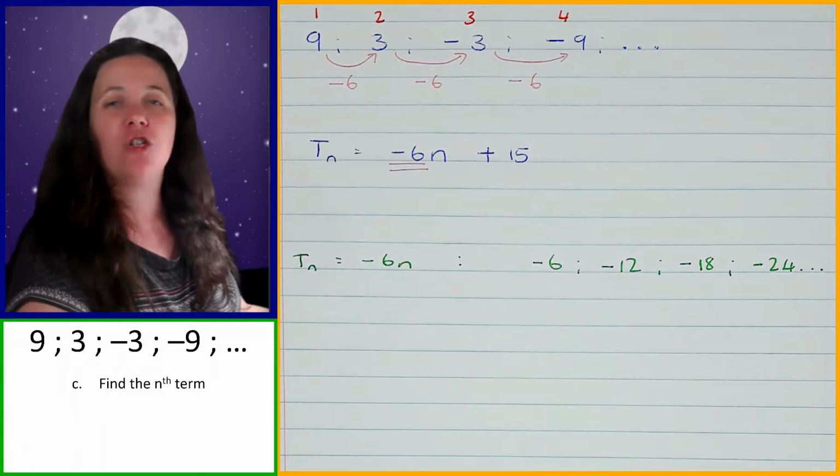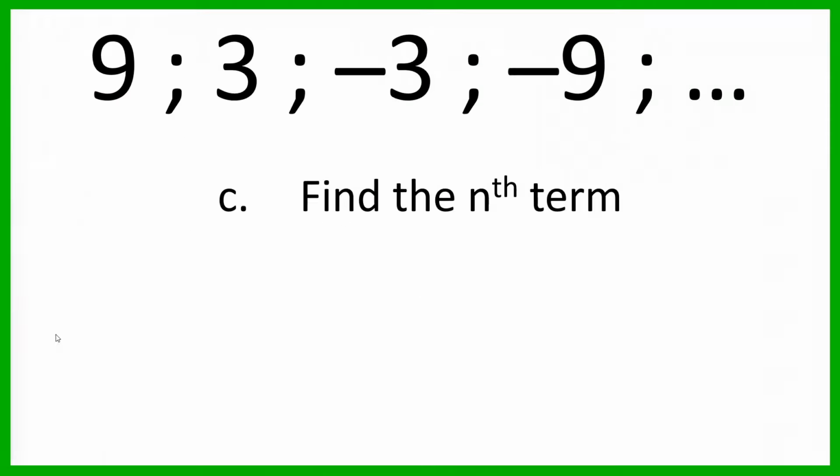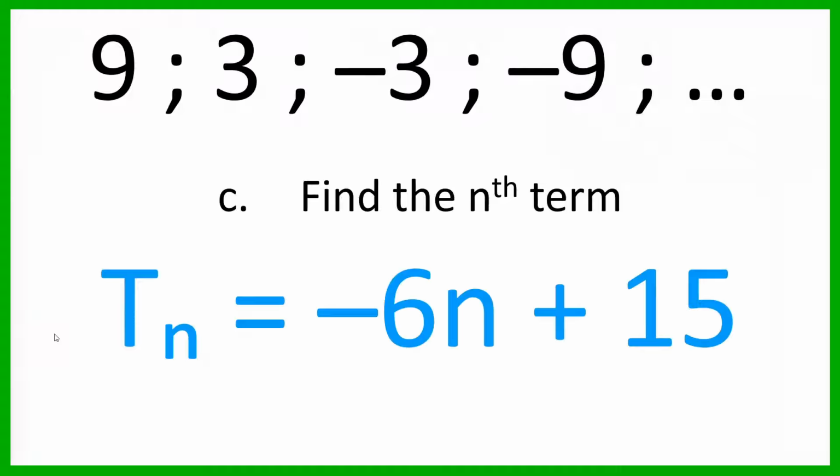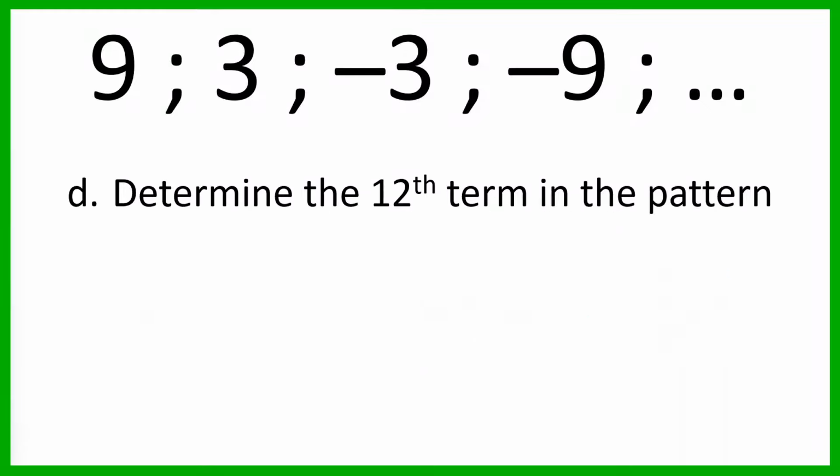Okay, so now let's go on to question D. Over here at question C, we had Tn is equal to negative 6n plus 15. Then question D, we need to determine the 12th term in the pattern. To determine the 12th term, we're going to use the rule that we just worked out. So Tn is equal to negative 6n plus 15.